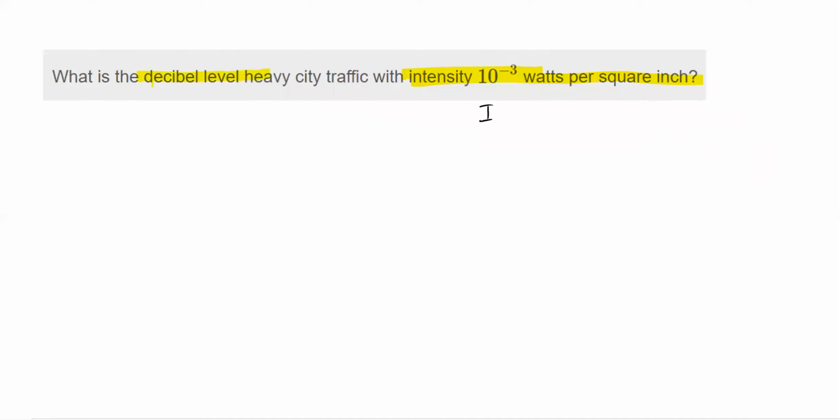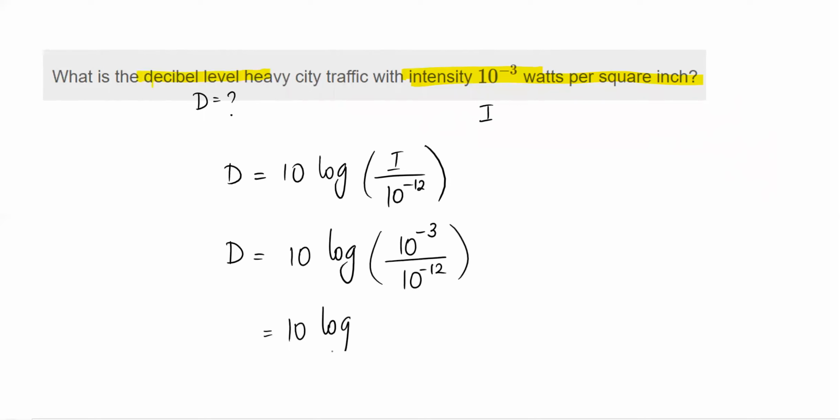D equals 10 log of I over 10 power negative 12. And in that formula, I'm going to plug in for I, which is 10 power negative 3 over 10 power negative 12. Very, very similar to the previous problem. Subtract the powers, so top power minus the bottom power.